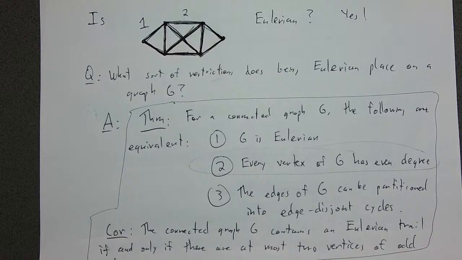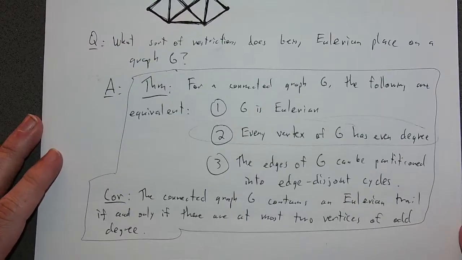In fact, you can tell me immediately what's the degree of every vertex in a cycle like that. Well, it's 2, right? Each vertex is connected to 2 other vertices, the one previous and the one next. So that's an extreme example where the graph simply is the Eulerian circuit, which is that cycle.